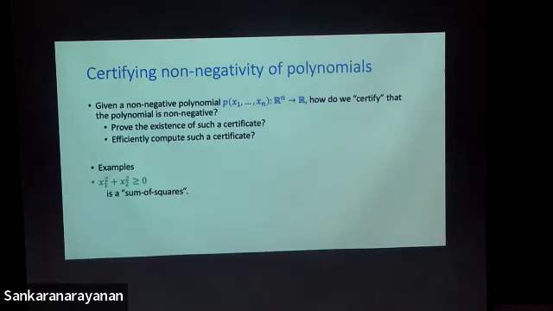In some sense, if you have a square, which we know is non-negative, even if you take a sum of squares, that is also a non-negative number. Okay, let's look at this example: x1 square plus x2 square plus x1 x2. Is this a non-negative polynomial? Why is that?